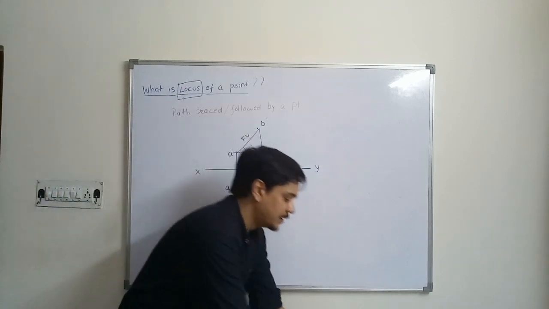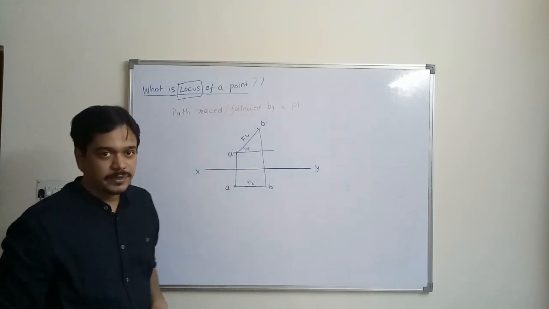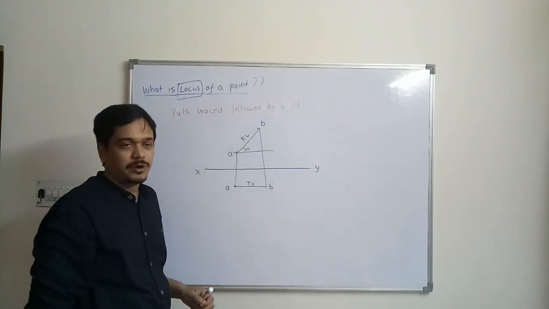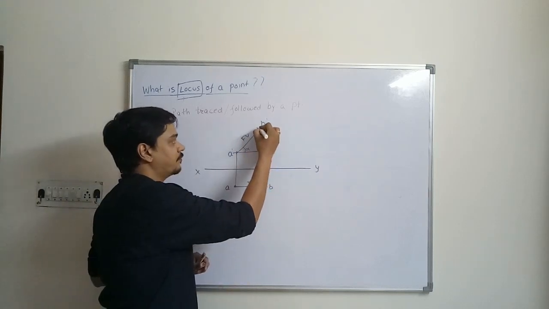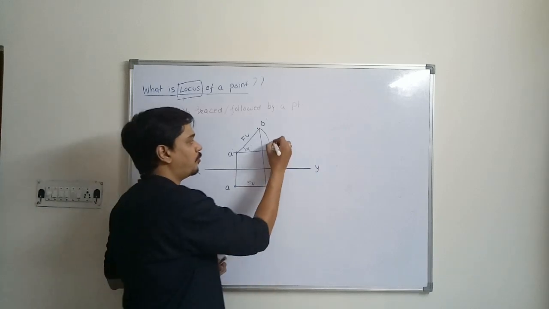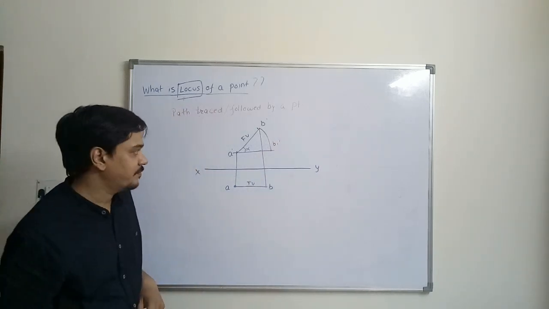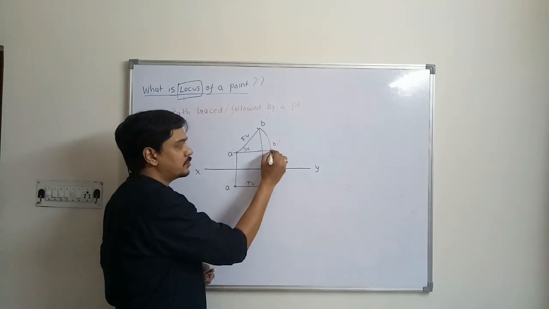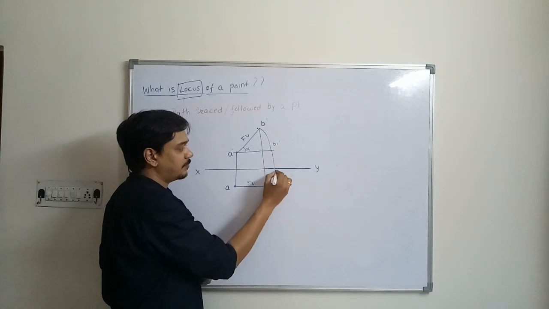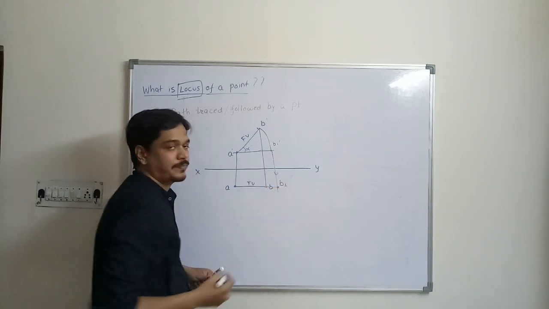Locus is the path followed or traced by a point. So let us shift this B dash point from here to here. Let us term this point B1 dash, and to trace the same point in the top view, simply project and extend. So this point is nothing but B1.